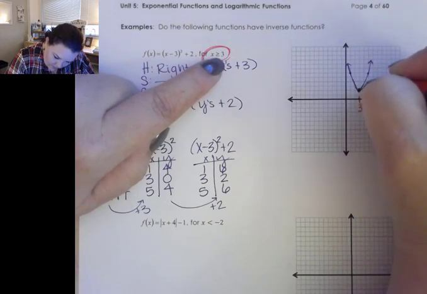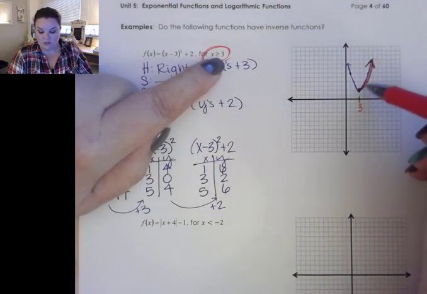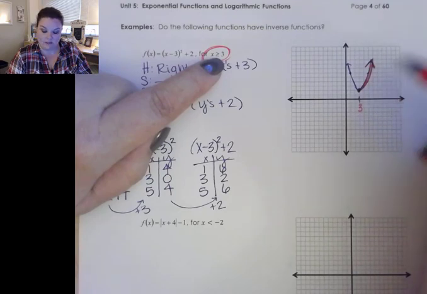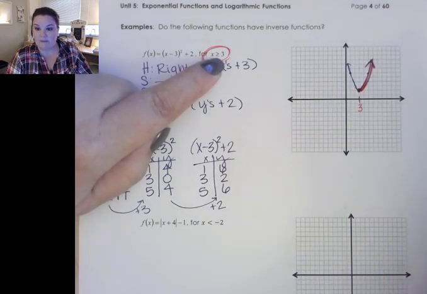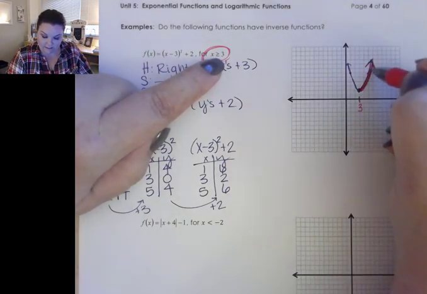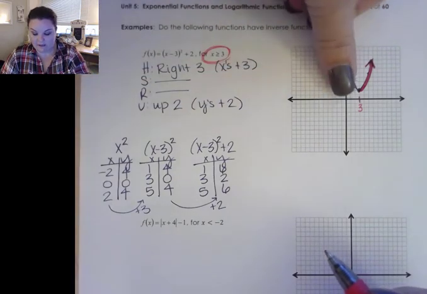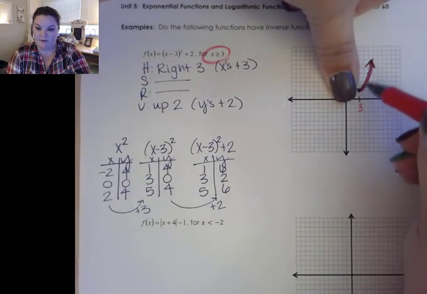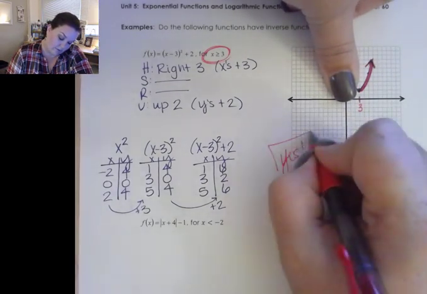So that would be this whole side of this parabola. So if I look at just this half of the parabola that starts at x equals 3, notice this piece by itself does in fact pass the horizontal line test, right? So because we had a domain restriction that basically cut off this half of the parabola, and I'm only talking about this piece, then yes, this is going to have an inverse, okay?